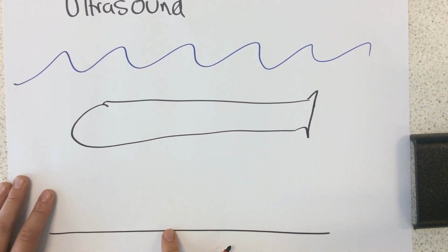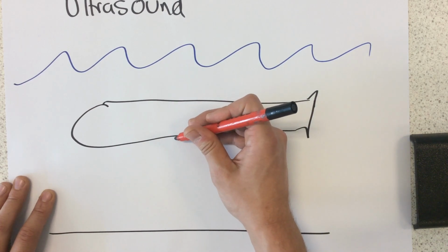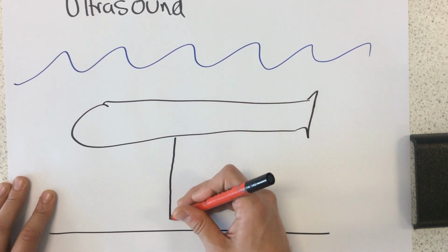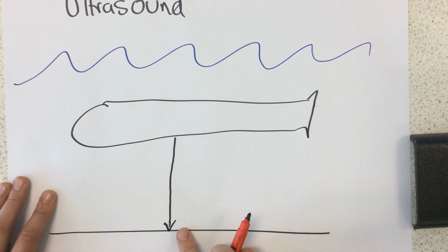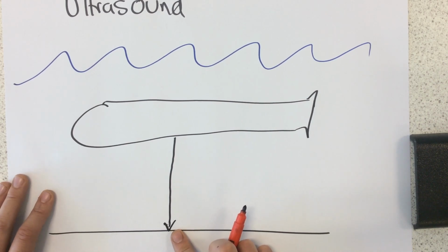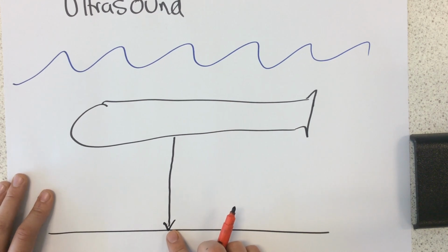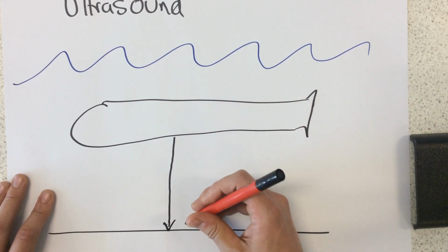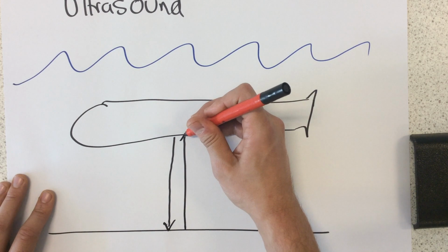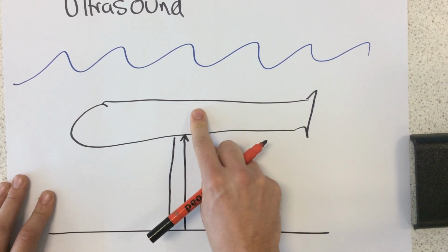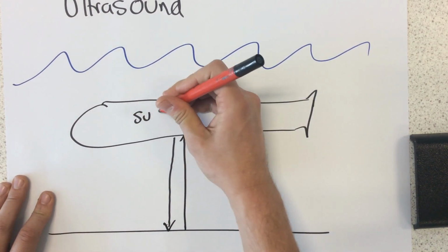So this is how it works. It emits ultrasound, which travels down to the bottom of the seabed, the seafloor. Due to the high frequency, a lot of this sound is reflected back and can then be detected by the submarine. So this here is my beautiful submarine.